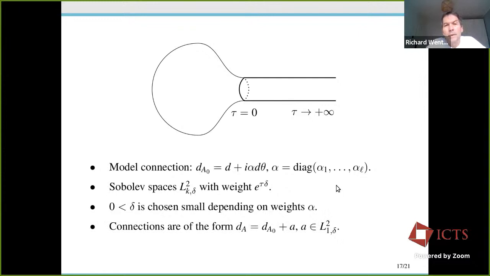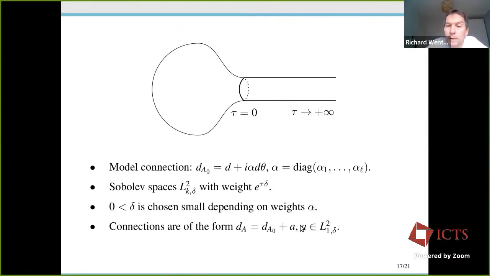Okay, and then the connections that we're going to be using, the unitary connections in any case, are going to be decaying to this model connection. More precisely, it's the model connection plus anything that lives in one of these L2 delta spaces.